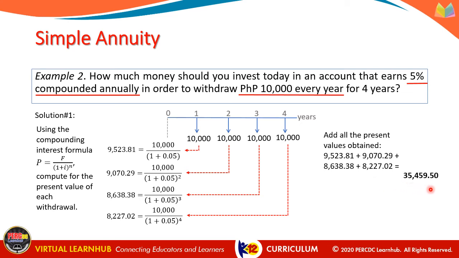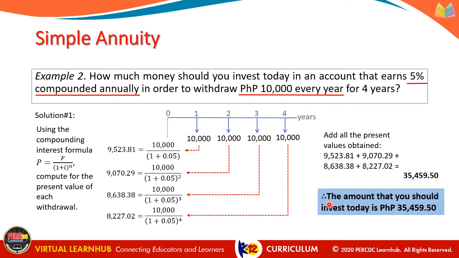And that is equal to 35,459.50. Therefore, the amount that you should invest today is 35,459.50 in order to have 10,000 pesos withdrawal every year for 4 years. Okay?